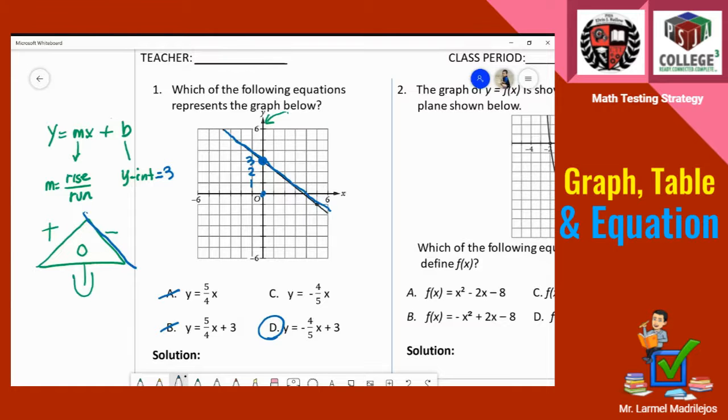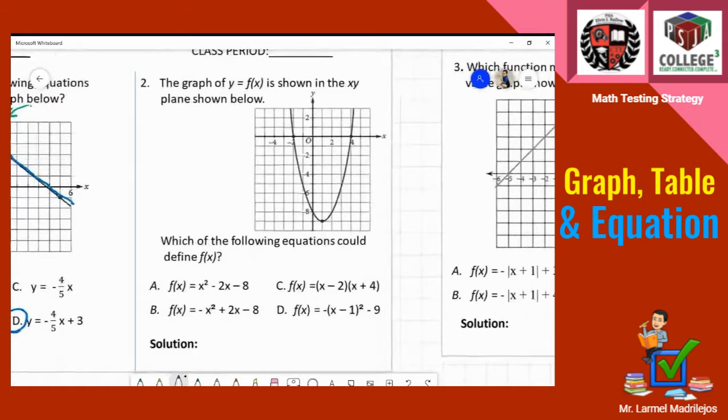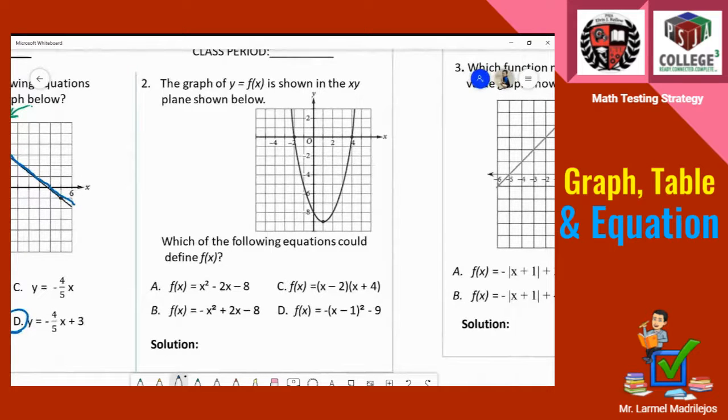Question number 2. The graph of y = f(x) is shown in the xy-plane below. Which of the following equations could define f(x)? Okay, we'll do the basic.